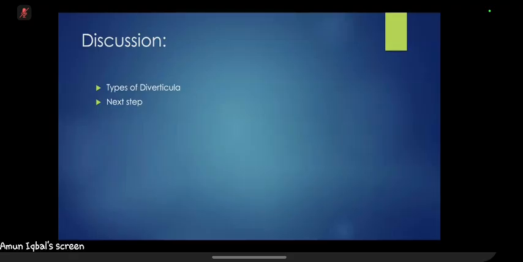Types of diverticula: the traction diverticula, usually the examiner shows are the pulsion type. In my practice, I haven't seen traction diverticula, but I know about them, because I can tell which one is pulsion and which one is traction.